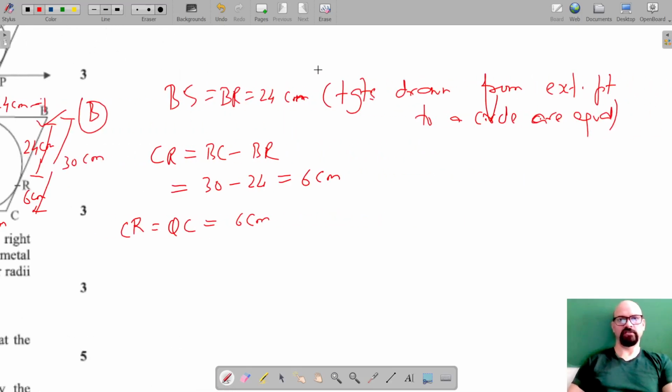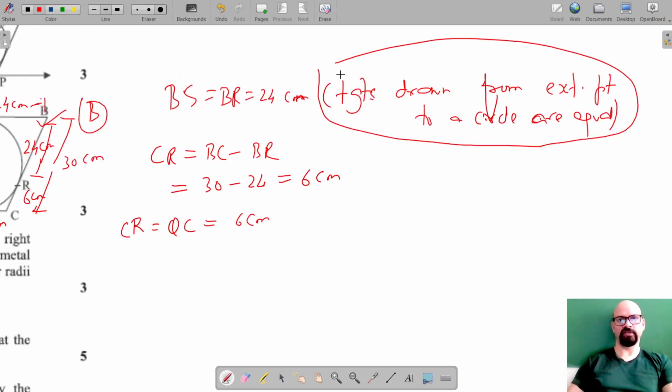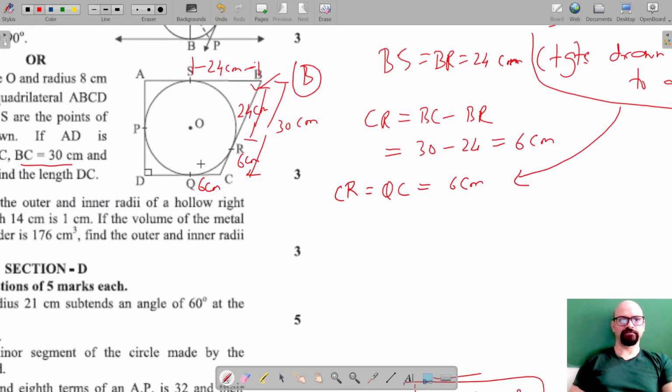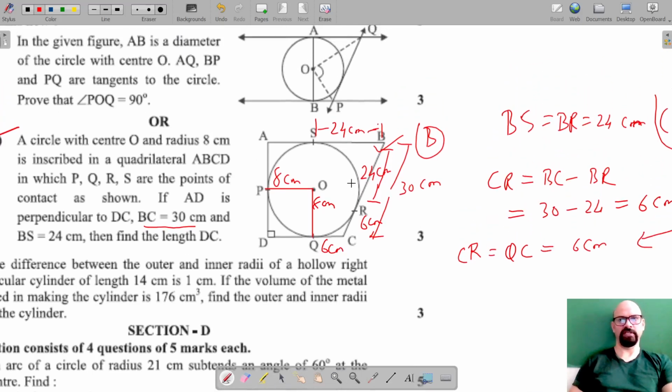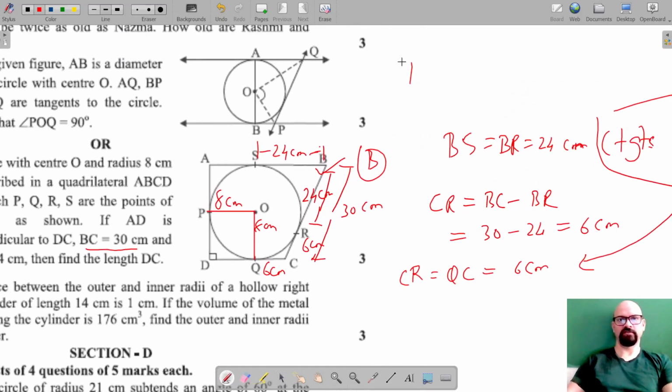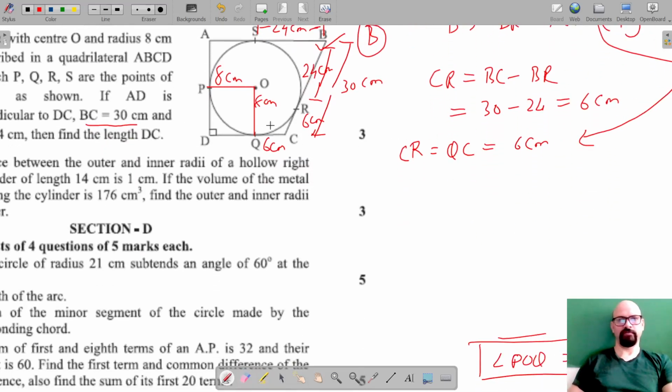The reason being the tangents drawn from an external point to a circle are equal, so we can give the same reason for this. And now let's join these points OP and OQ, and it's given that it has radius 8 centimeters. So these are the radii, 8 centimeters and 8 centimeters. We have to find the value of DC.